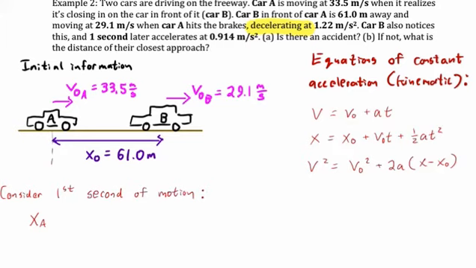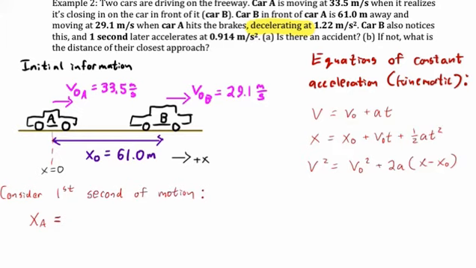I want to clearly show that x equals 0 is defined at the center of A. Of course, A and B, despite being called cars, are particles here. We don't care about their lengths or anything. We're defining the positive x direction as forward, the direction that both of them are moving. It's so important to always define your origin, which is x equals 0, and the direction of your positive axes. In this case, it's 1D, so we only have to worry about the positive direction of x.